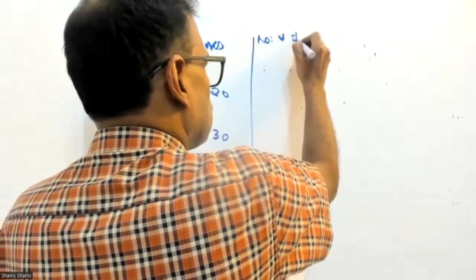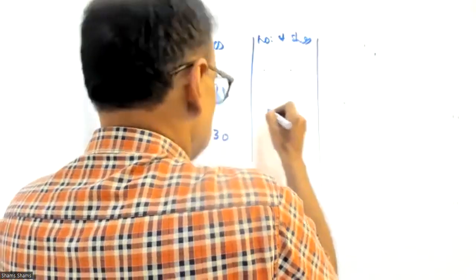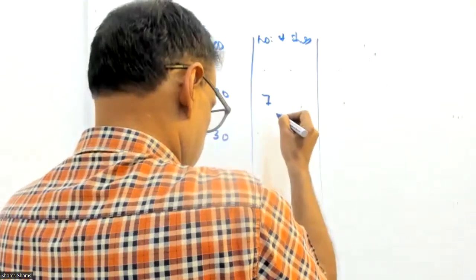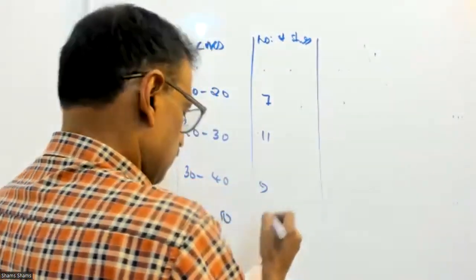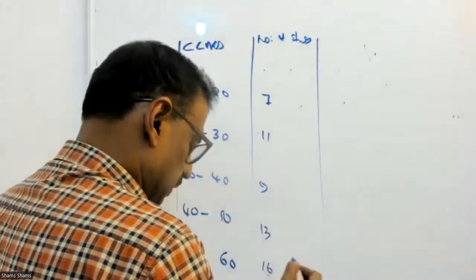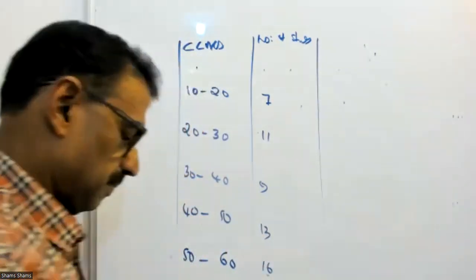Number of students: 7, 11, 9, 13, 16, 4.